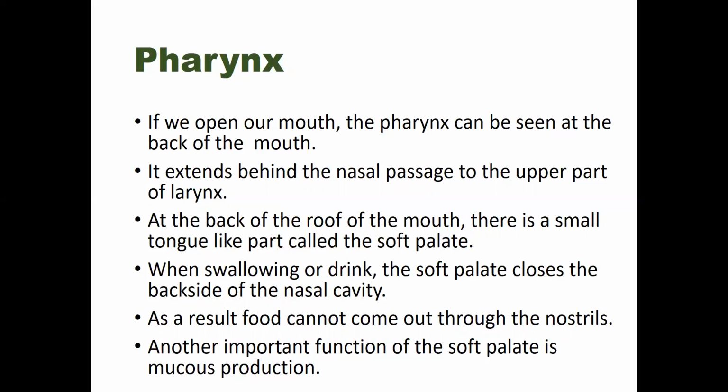At the back of the roof of the mouth, there is a small tongue-like part called the soft palate. The soft palate closes the backside of the nasal cavity and helps us to swallow or drink. Due to this soft palate, food cannot come out through the nostrils. Another important function of the soft palate is mucus production.